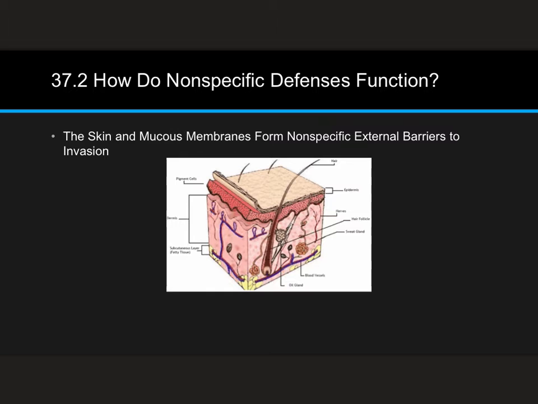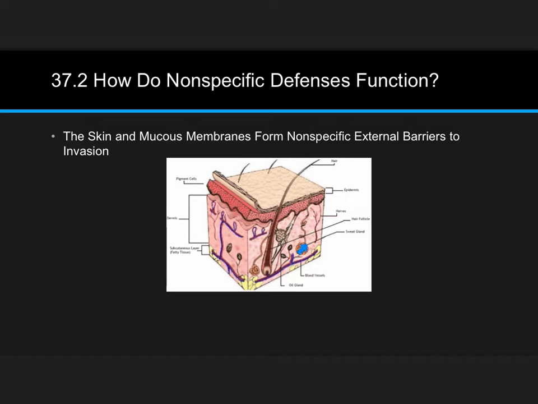So here's a picture of what your skin actually looks like. So this upper layer, the outer layer, what you see is called the epidermis. And underneath that you have the dermis and this subcutaneous layer, which is underneath that, which is where all your blood vessels are. So if you ever cut through your skin where it starts bleeding, you've gotten down to the subcutaneous layer here. You can see what a hair kind of looks like, hair follicle.